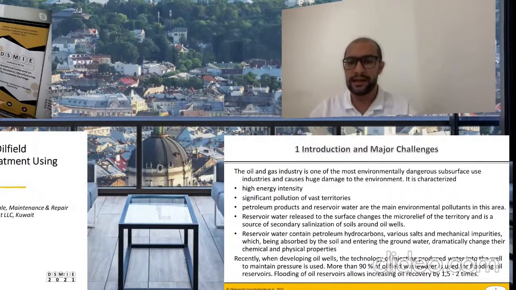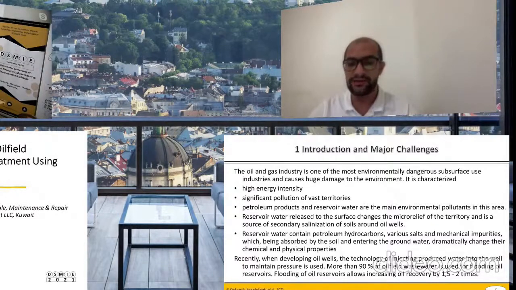The oil and gas industry is one of the most environmentally dangerous subsurface use industries and causes huge damage to the environment. It is characterized by high energy intensity and significant pollution of vast territories. Petroleum products and reservoir water are the main environmental pollutants in this area.